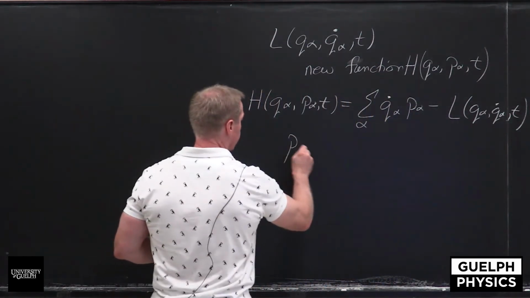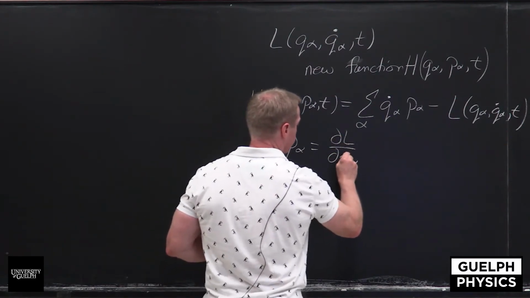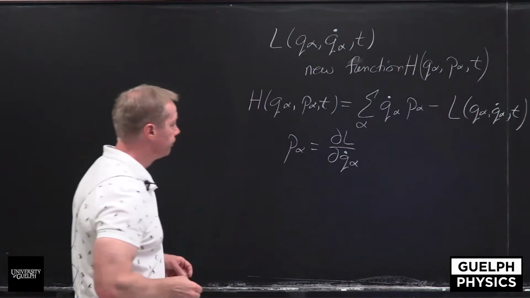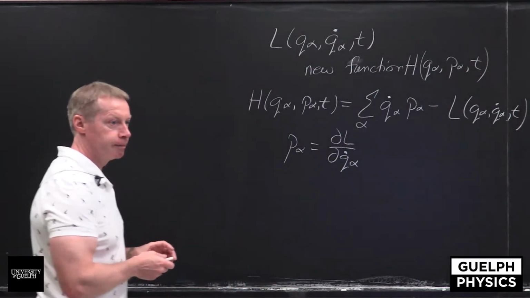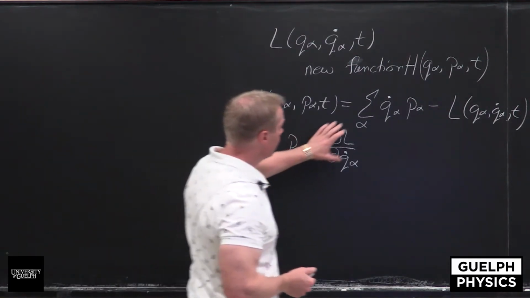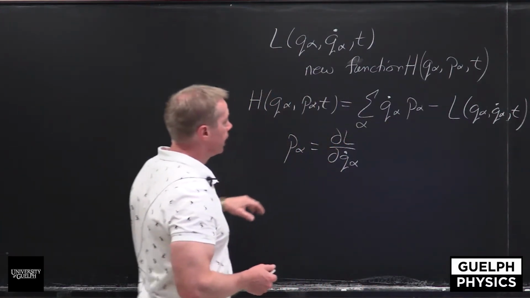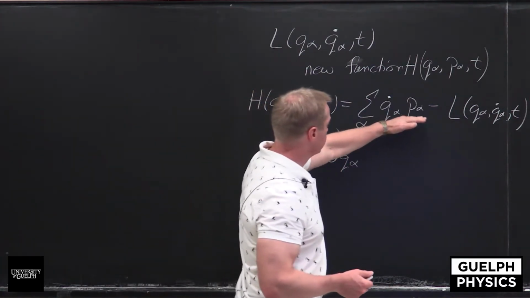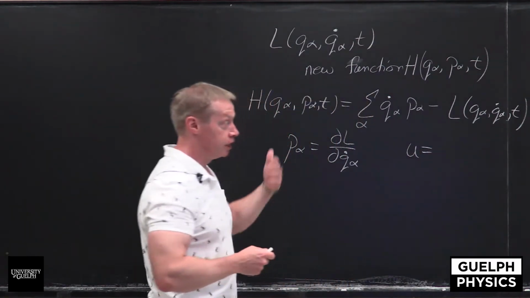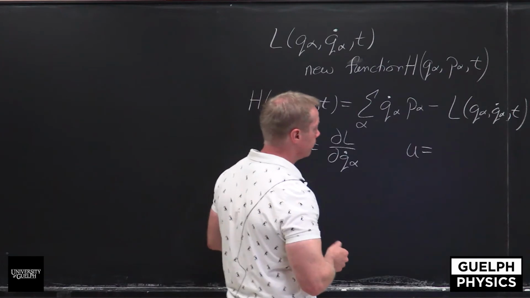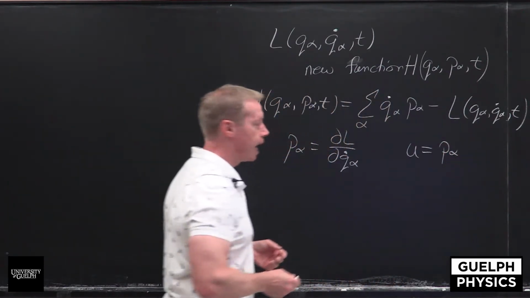So recall here that p alpha is the partial of the Lagrangian with respect to the velocity. So this is a Legendre transformation, and we're introducing our function u that we used in the transformation is this p alpha.